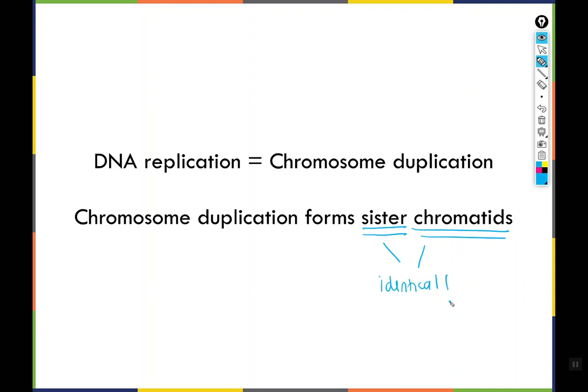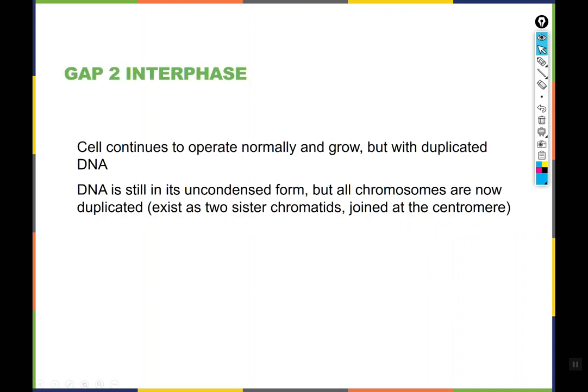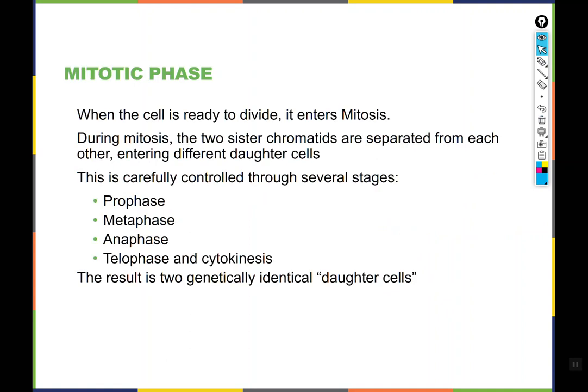And that's important, right? You don't want changes to the DNA. Those are called mutations. So during interphase, the cell continues to operate normally in G2, but with duplicated chromosomes, and then you have the G2 checkpoint going on as well.